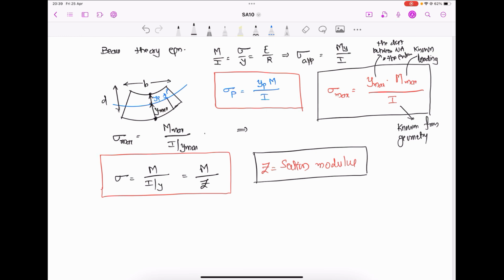Then what is I? I is equal to BD cube by 12, whereas Y max is equal to D by 2 from the neutral axis to the extreme fiber. This neutral axis is at YC. Then Y max is equal to the distance between the extreme fiber and the neutral axis, that is D by 2.